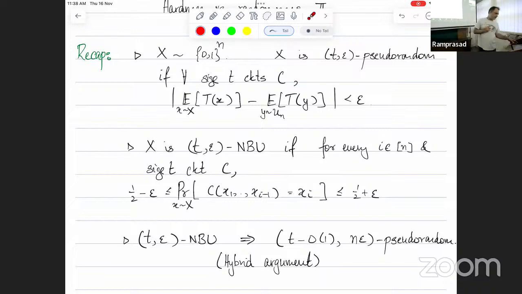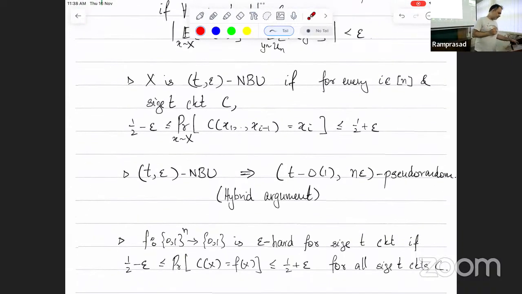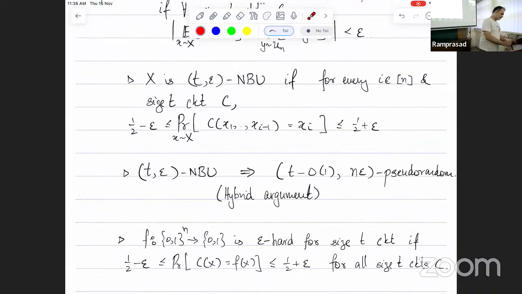And then we came up with this notion of something called epsilon hard, or rather epsilon hard to guess, because we'll be coming up with various other notions of hardness, and sooner or later we'll have to come up with different names. So what does a function being epsilon hard to guess mean? It says that no circuit should be able to do significantly better than random guessing.